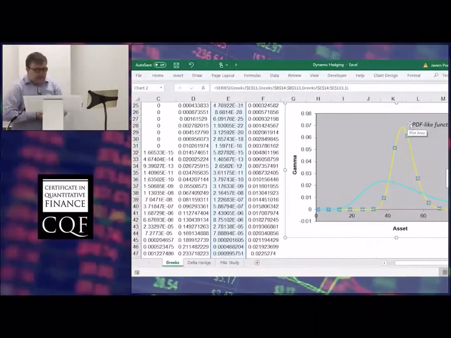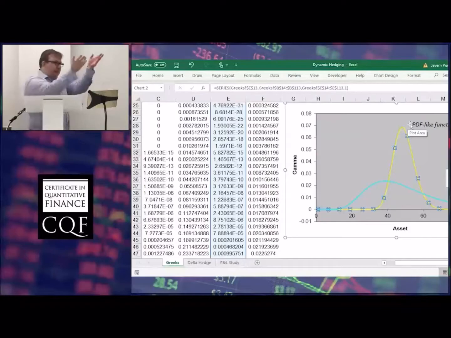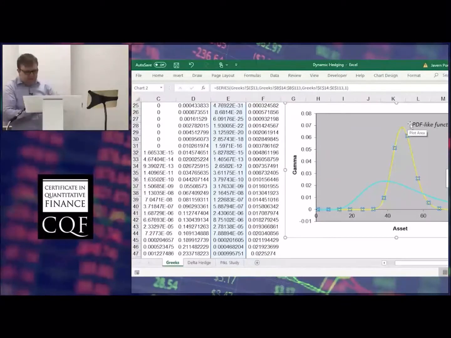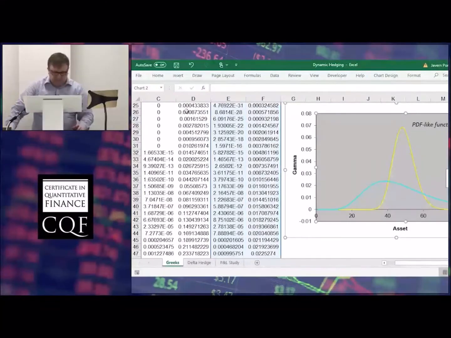And then from the viewpoint of an options hedger, high gamma is good if the asset price moves up, but it's actually not good if the asset price doesn't move.